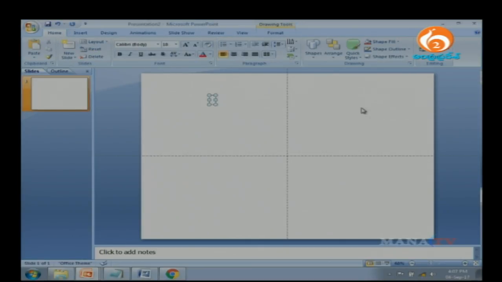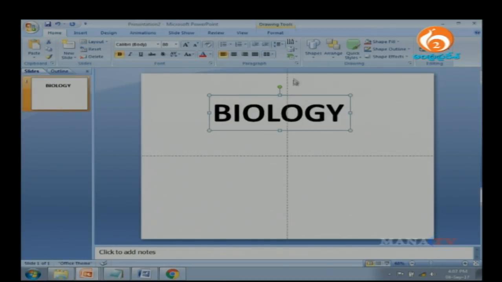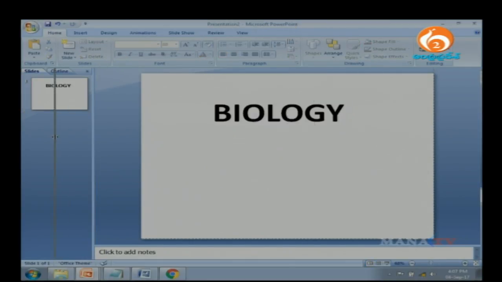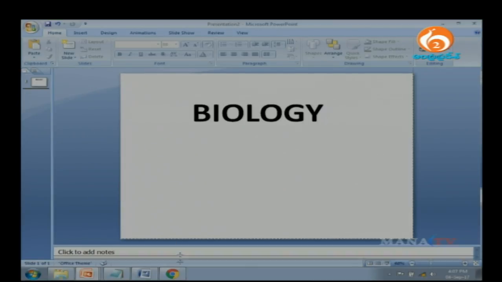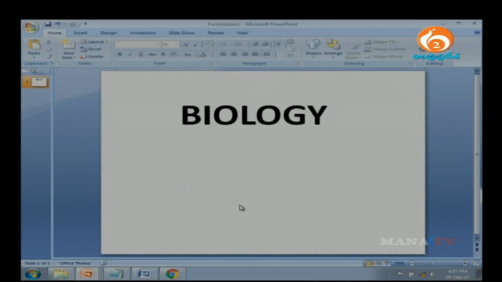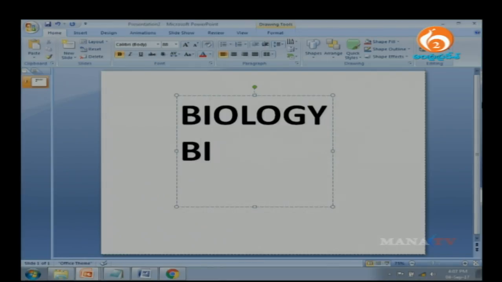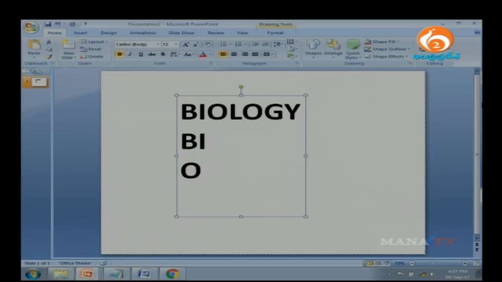If I have a word which is biology, let me zoom it a bit so that it's clearly visible to you. All right. So how many syllables do I have here? I have biology, 4 syllables: bi, o, lo, gy.